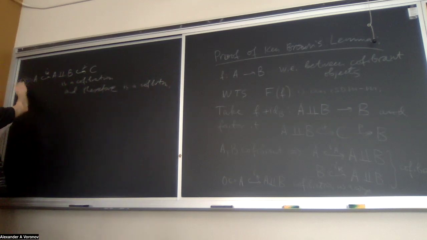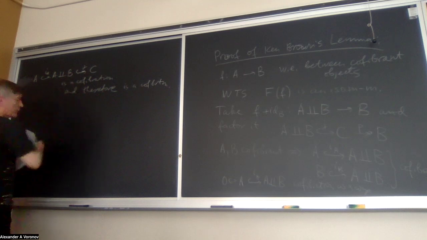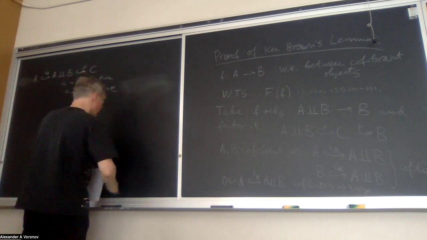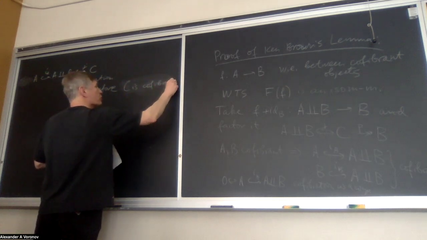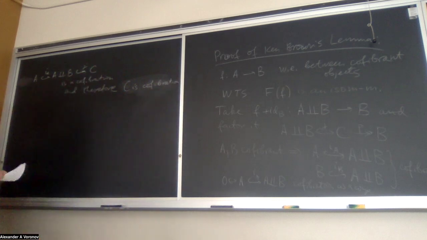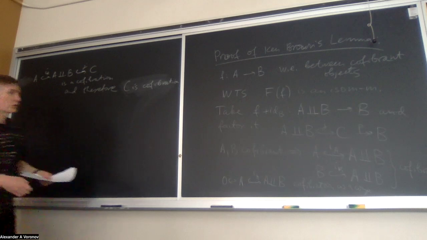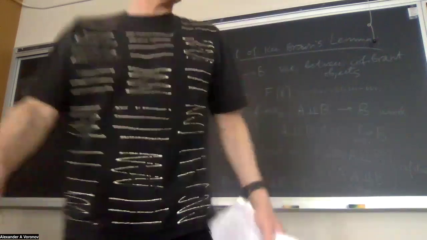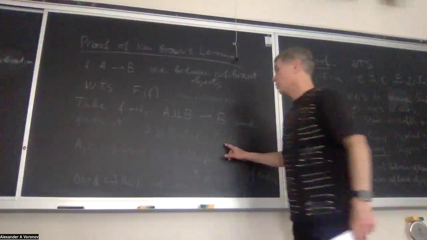Okay, so we have lots of cofibrations, and finally, I forgot to say that when we factor this map, p is a fibration which is also acyclic.